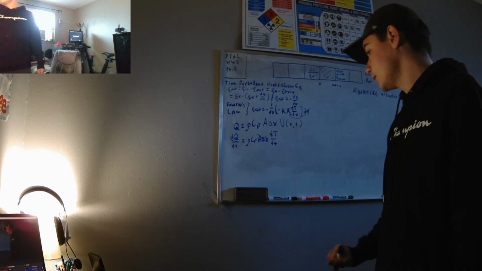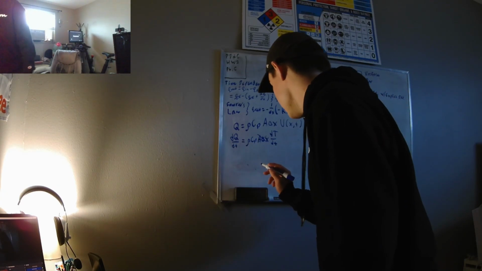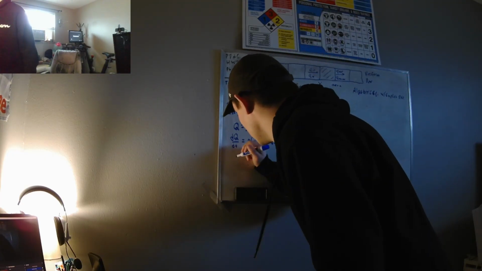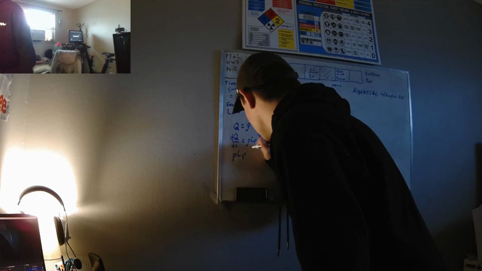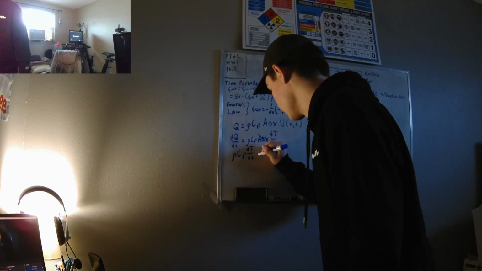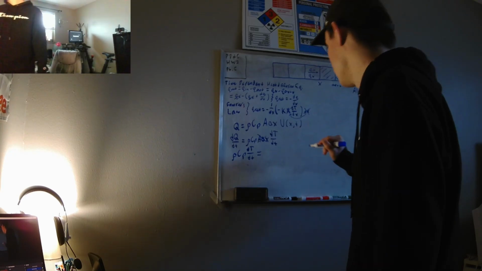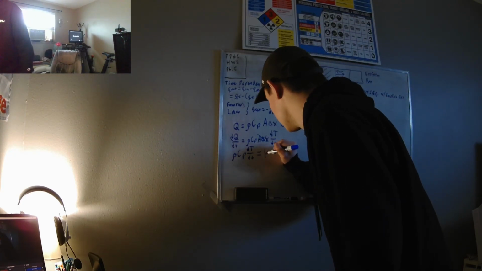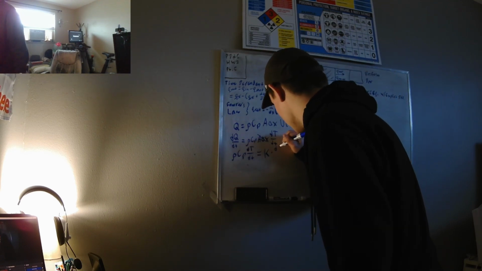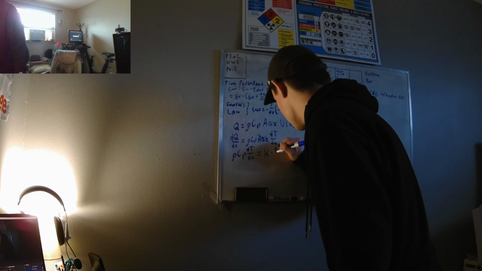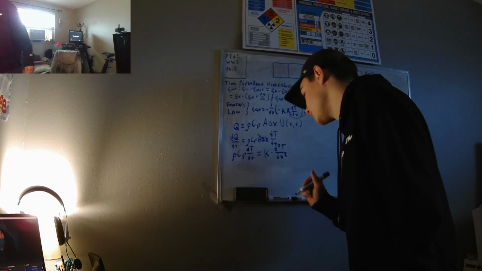To overall get, if we combine these two, rho Cp dT/dt, change in temperature over change in time, going to equal our K times the second derivative, change in temperature, change in position, squared.